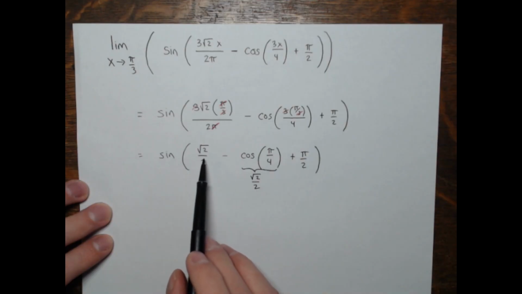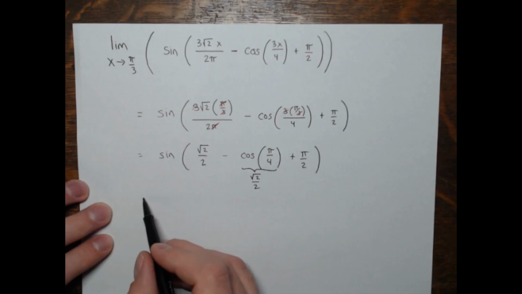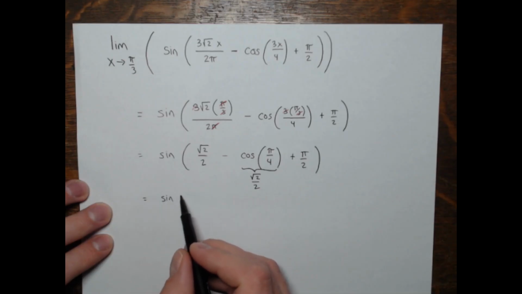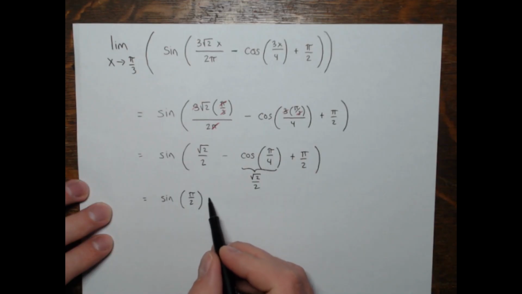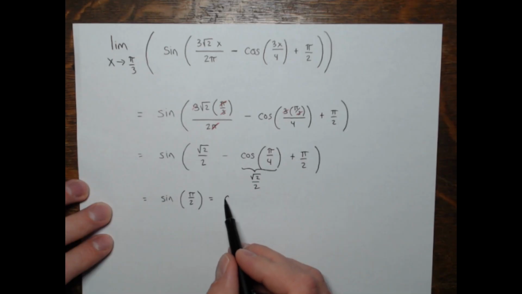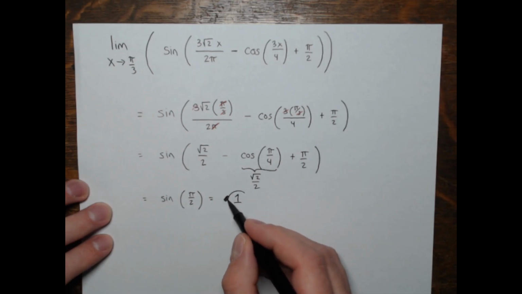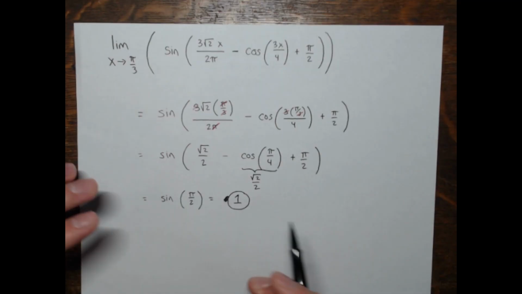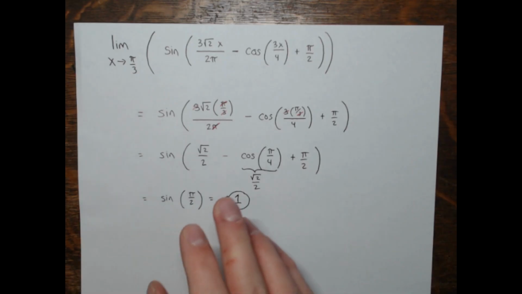So inside this sine, I have the square root of 2 over 2 minus the square root of 2 over 2. That's 0. So I'm just left with the pi over 2 in there. So this ends up being the sine of pi over 2, which is 0. No, 1. Sorry, it's been a long video. Remember, sine of 90 degrees, sine of pi over 2 radians was 1. So this limit is 1.